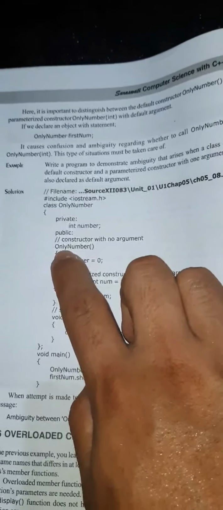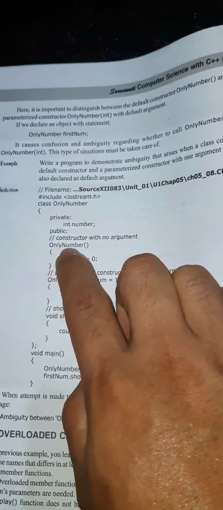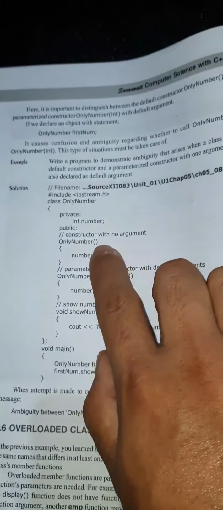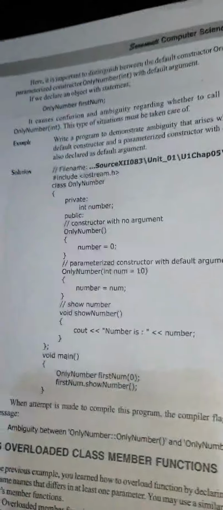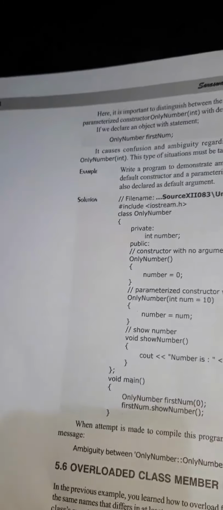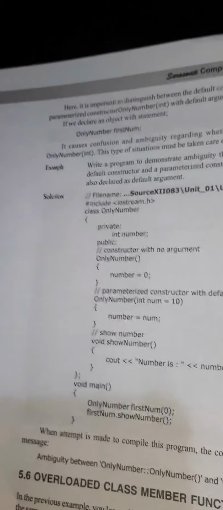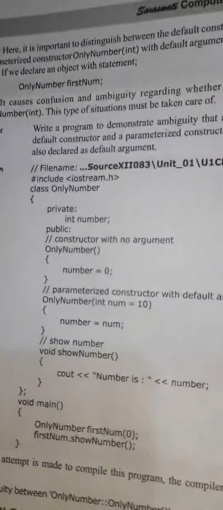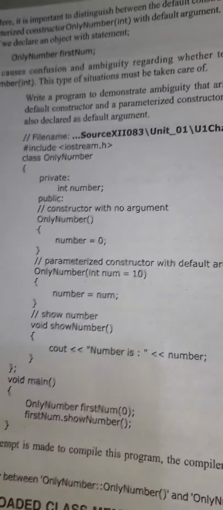This is the constructor name. In this case, it is a constructor with no argument: as you can see within this parenthesis, there are no variables or parameters declared, right? So this is a default constructor, because it declares no parameter.